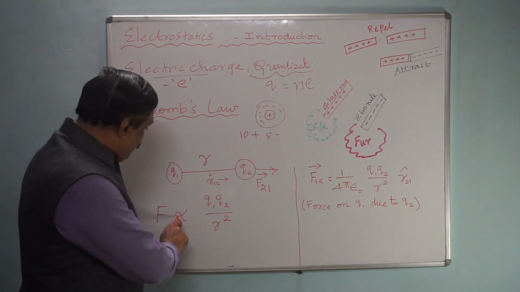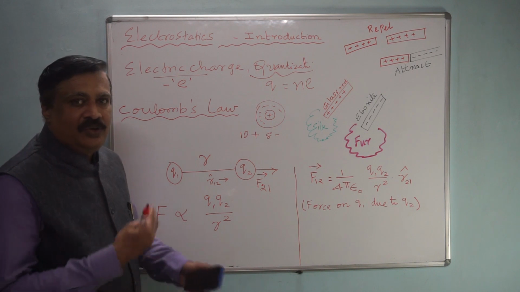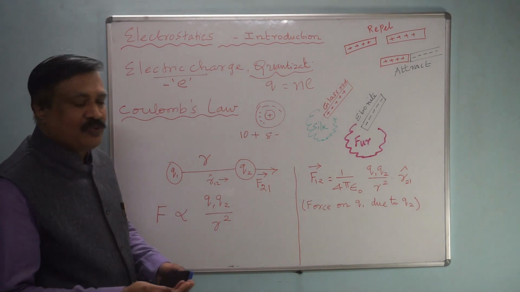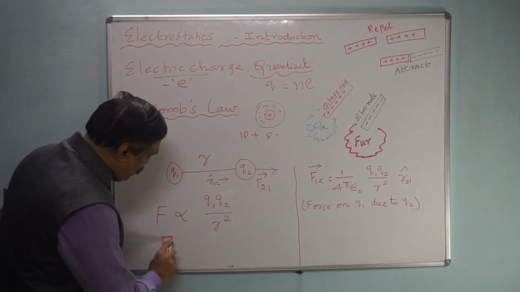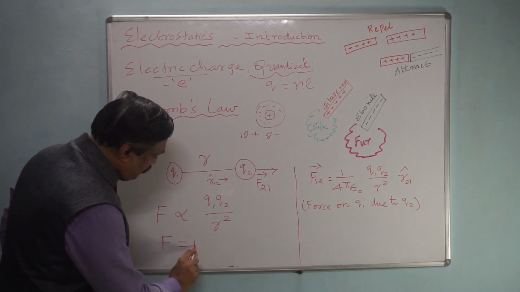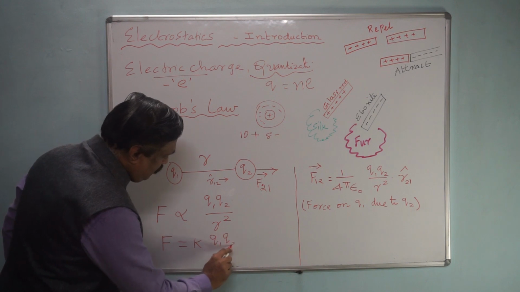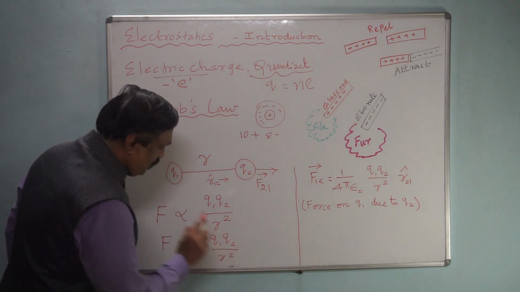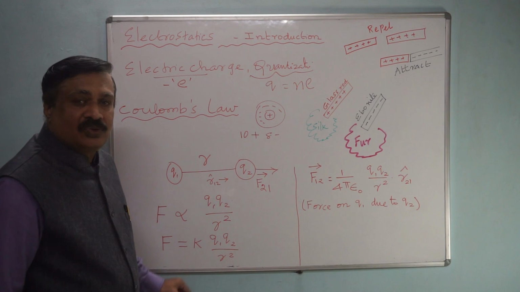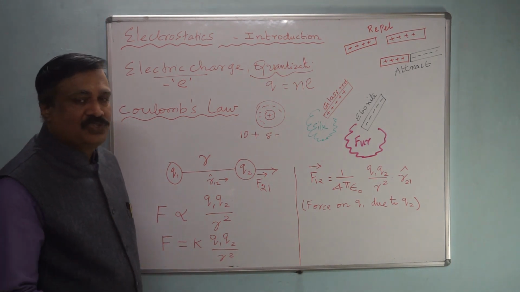When you have a proportionality, you have to convert it into an equation. For that you have to put a constant, which is called K, and you write F equals K Q1 Q2 by r square. Now this is called Coulomb's law. How to state it?